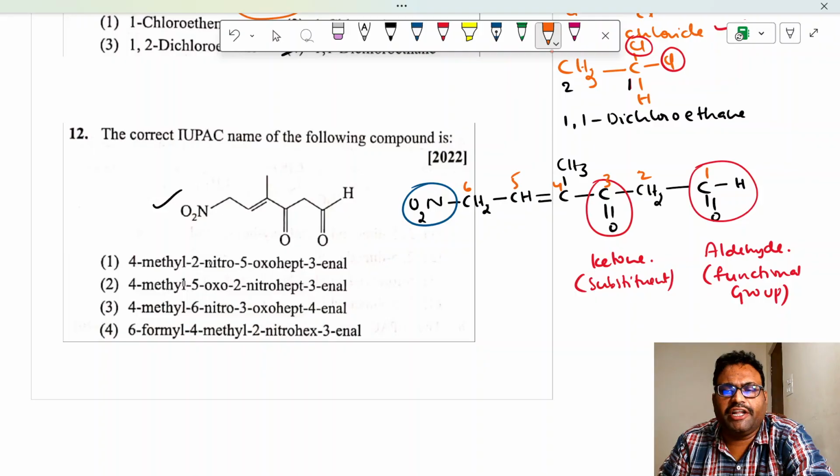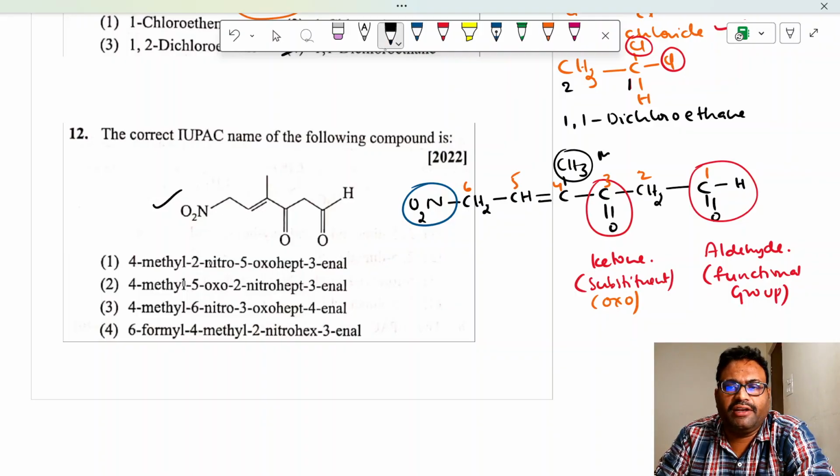Now write the name. How many substituents are there? There are 3 substituents here. One is the ketone group, oxo. When the ketone group is considered as a substituent, we use the word oxo. This is methyl, and this is nitro.